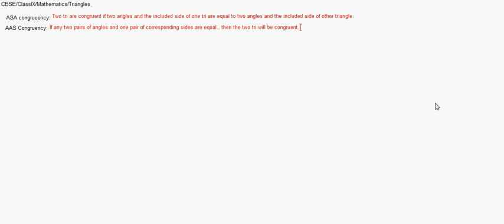Let us now take up a few questions which might be on this ASA or AAS rule. I first draw a figure. This is one of the very simple applications though.